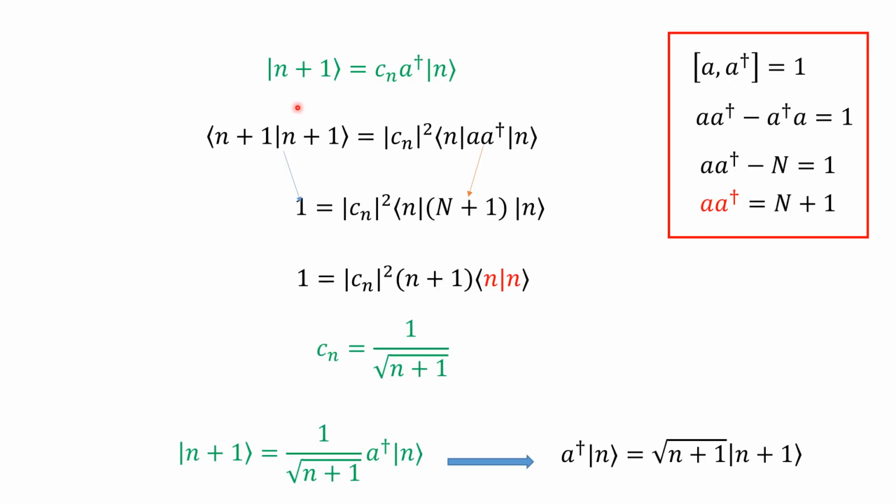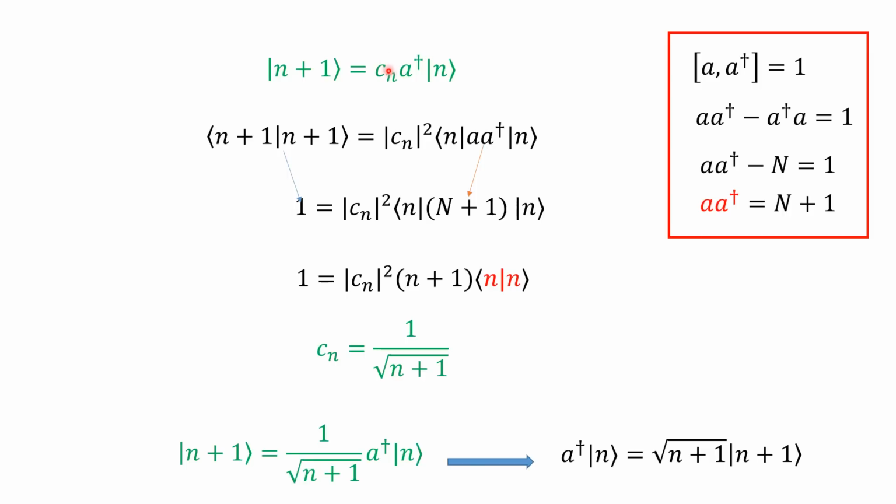Our next task is to find the expansion coefficient, naturally, because the expansion coefficient gives you the probability. So the n plus 1th state can be written as a dagger ket n, because when a dagger acts on the nth state, it will raise the state level by 1, to n plus 1.